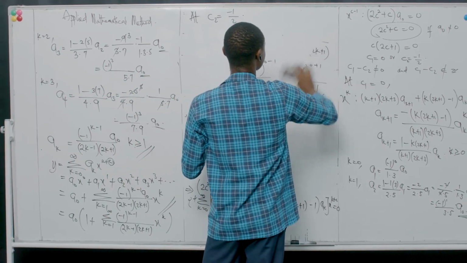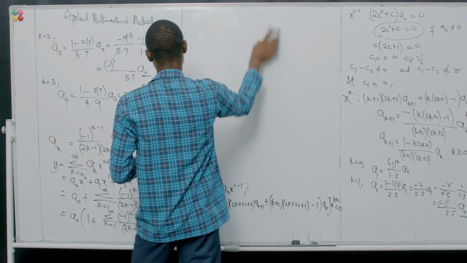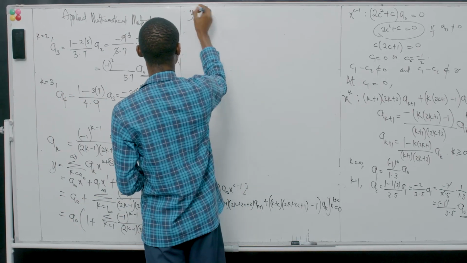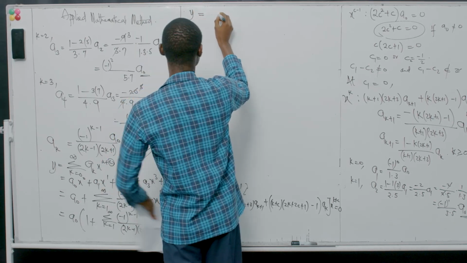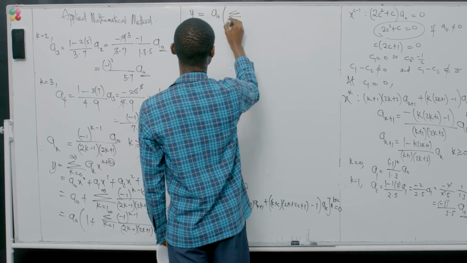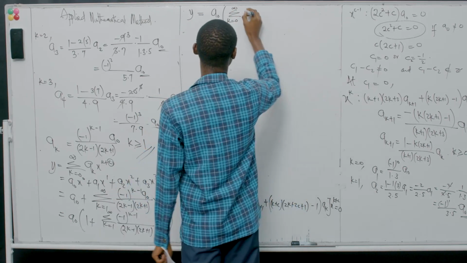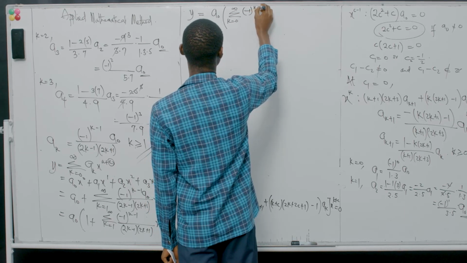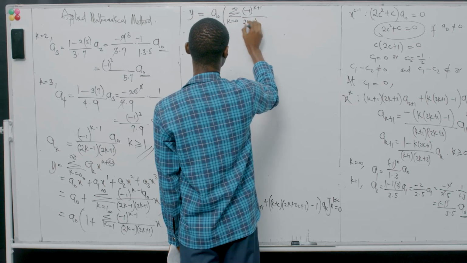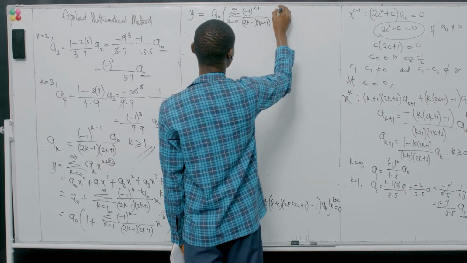So this is just a 3 to bring it together. Now the reason why we are bringing it together is so that we have a general final answer. In this case, we now have A naught into summation k starting from 0 to infinity, so that we'll be able to bring this 1 in, minus 1 raised to power k plus 1 divided by 2k minus 1, 2k plus 1, x raised to power k.